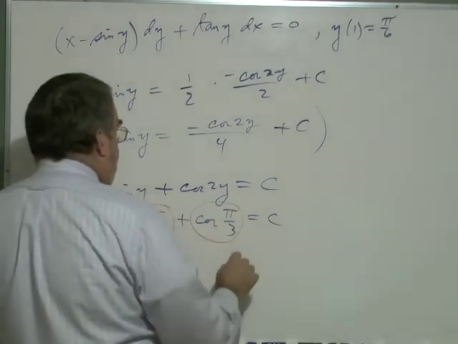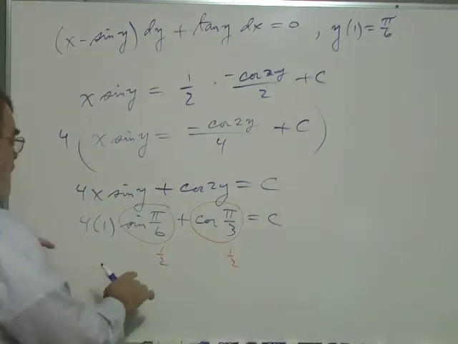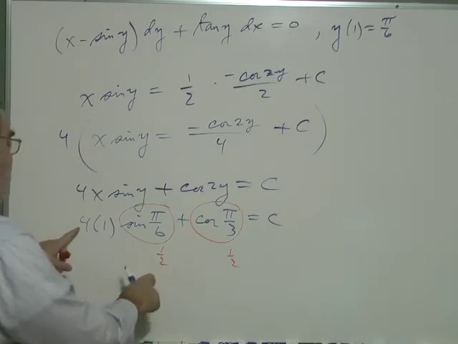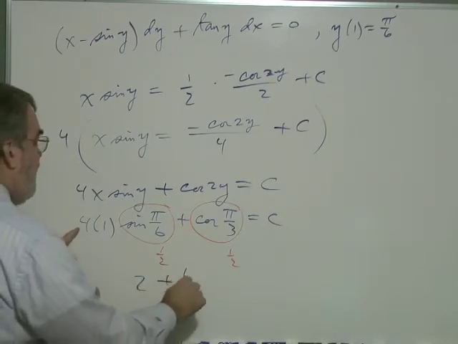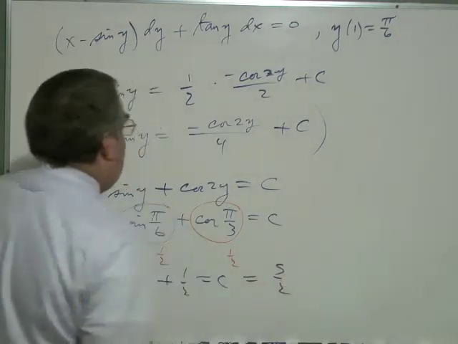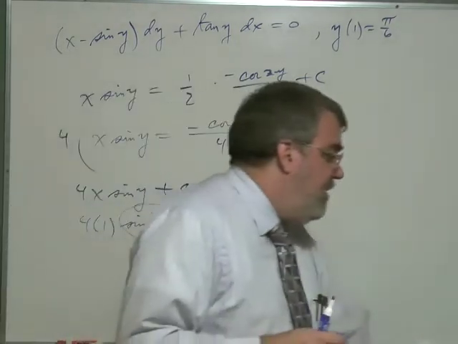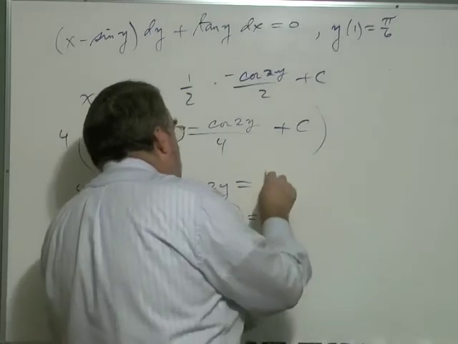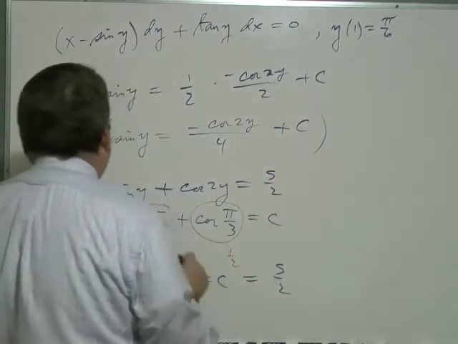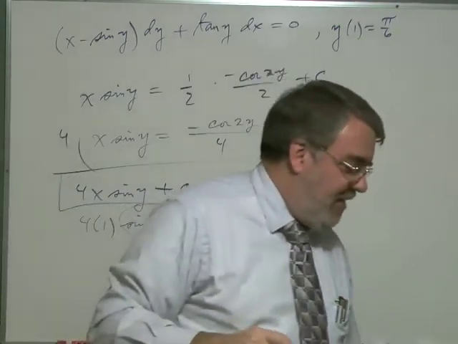The cosine of pi over 3 is 1/2. So I have 4 times 1/2 is 2, plus 1/2 equals c. So c is equal to 5/2, isn't it? Alright, so my answer then, I can replace this with 5/2, equals 5/2, and that should be the answer. Sorry, that's a little cluttered there, but I'll block it off with a rectangle.